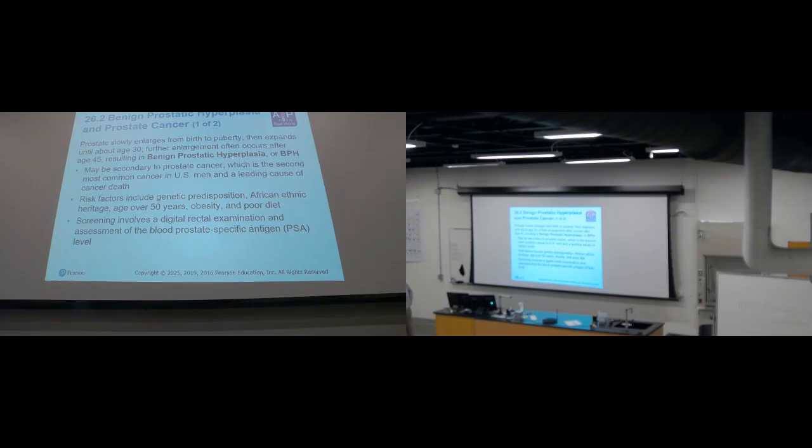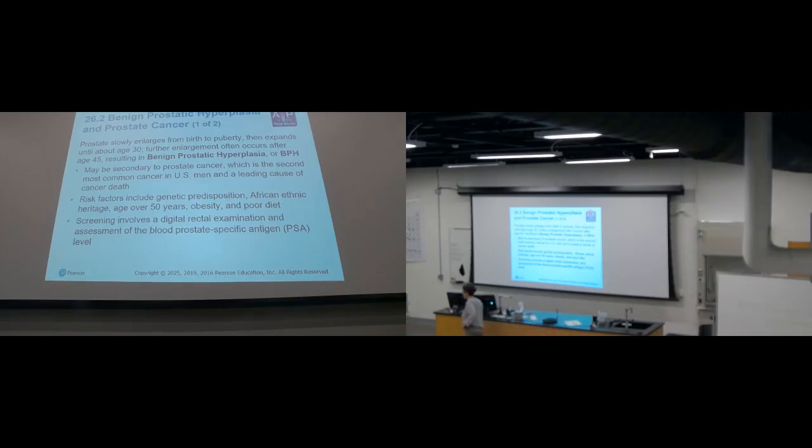The prostate gland slowly enlarges from birth to puberty to help in the reproductive function. But that enlargement is supposed to be up to the age of 30. If the male has further enlargement after the age of 45, with the number of cells increasing, this is called benign prostatic hyperplasia.